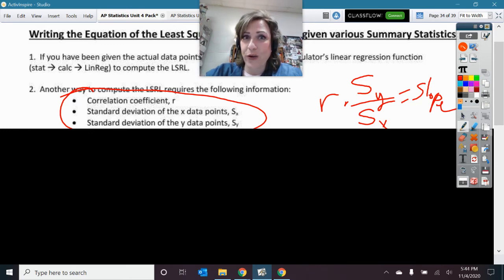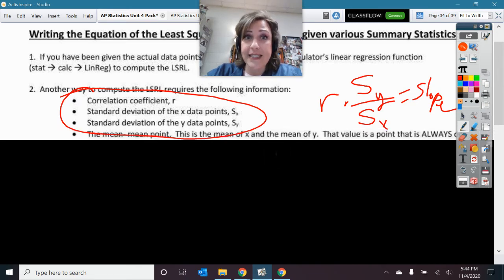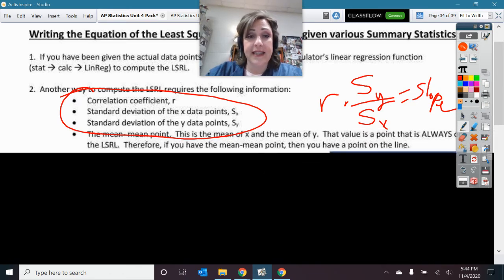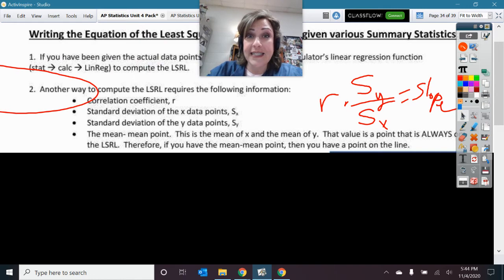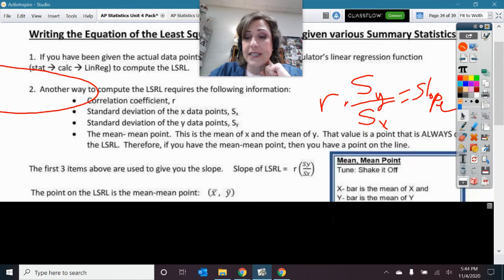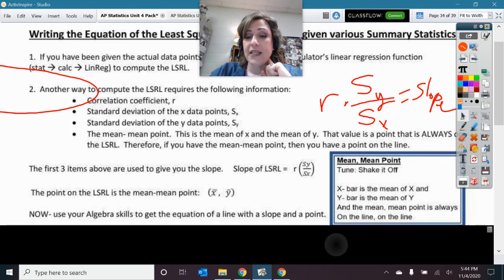In a lot of these cases, we will be given this thing called the mean point, and that mean point is a point on the line. I talked about that in the previous video: the point with the mean of the x's and the mean of the y's is always a point on the line.